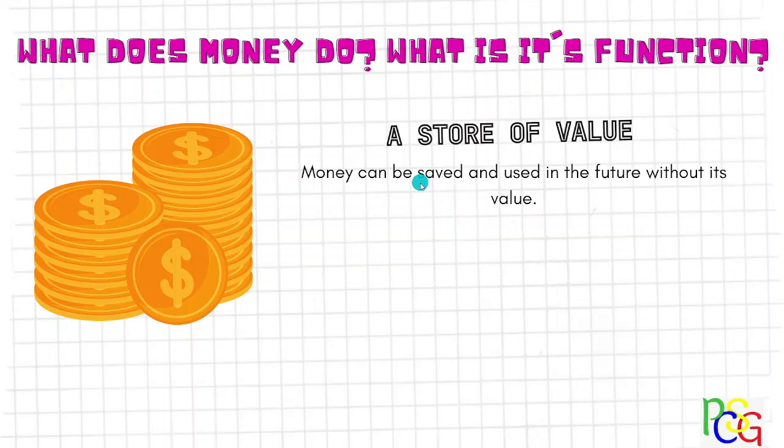So if you decide that you are going to put, I don't know, $5 in your piggy bank every day, and at the end of the year you probably have around $1,000 or $2,000, when you check your piggy bank at the end of the year, or you go years later, it will be the same amount. The value will not be lost. The value will not have been increased. It is the same value throughout. So money can be saved and used in the future without losing its value.